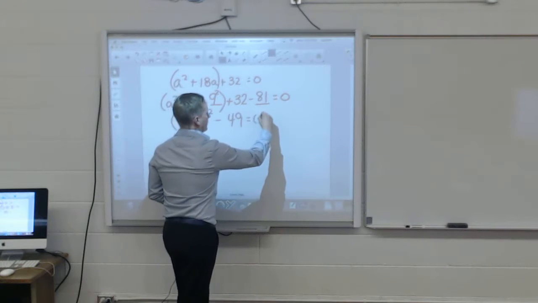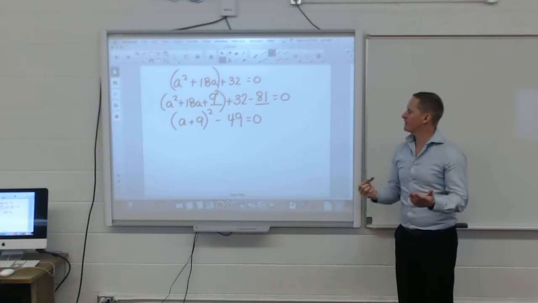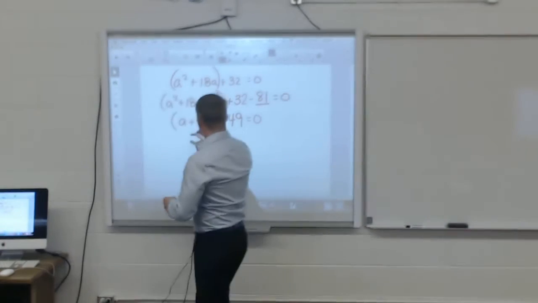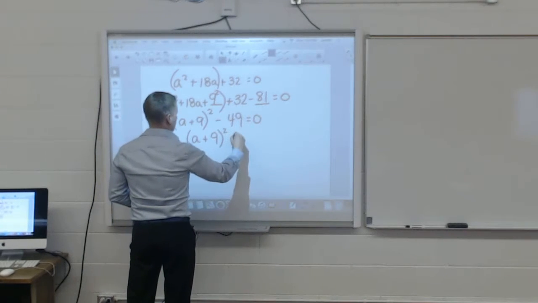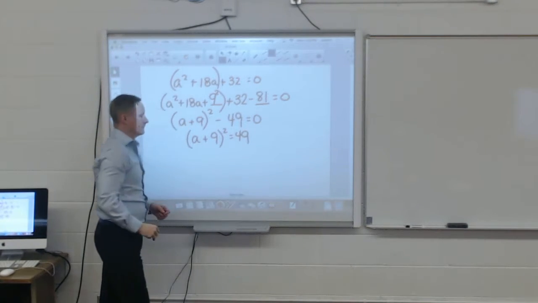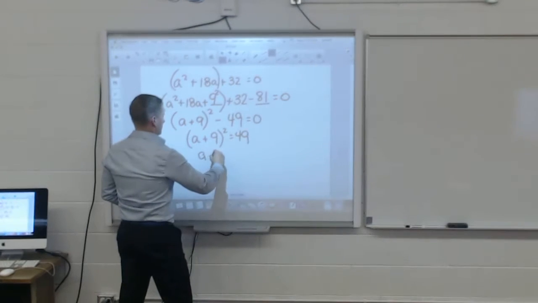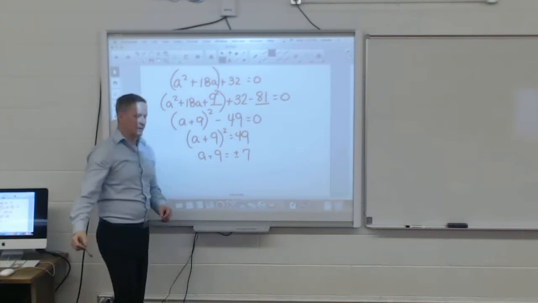Good job. 49. So now how do I solve at this point? Add 49 to the other side. Now what? Square root it. Plus or minus 7.